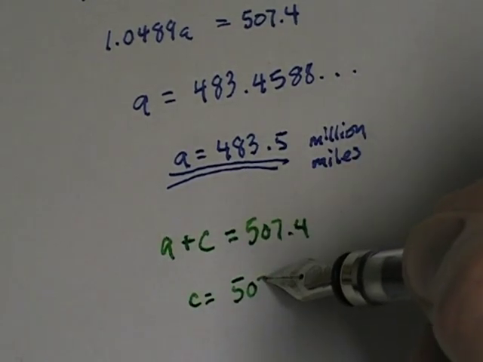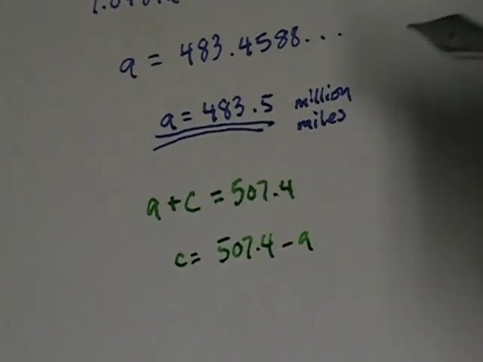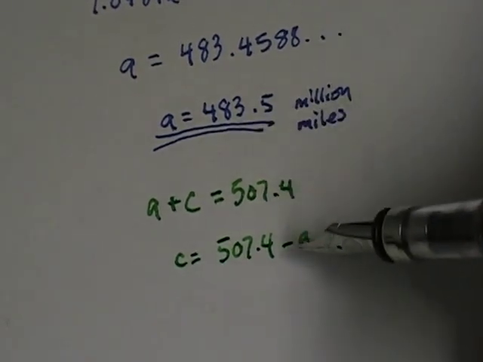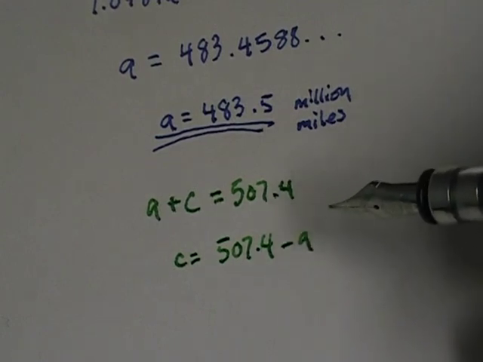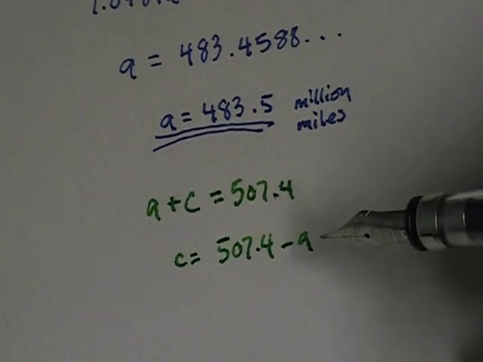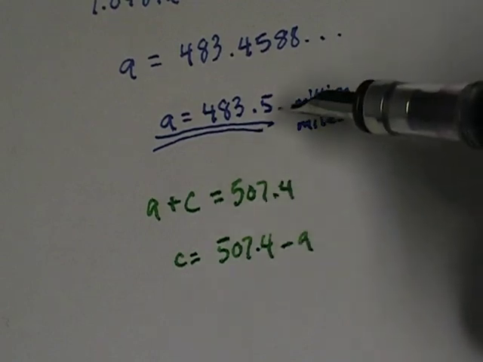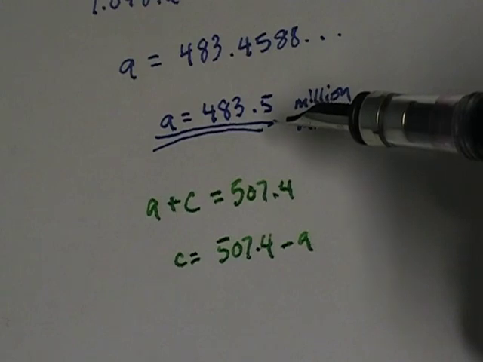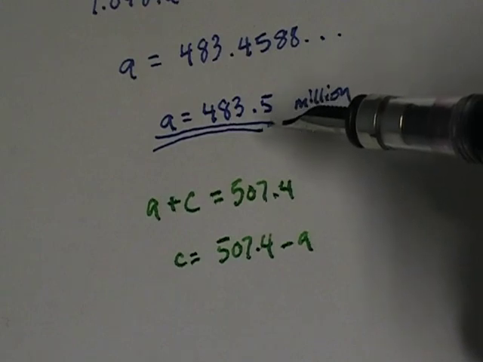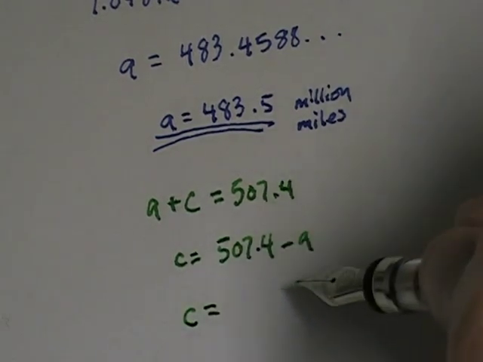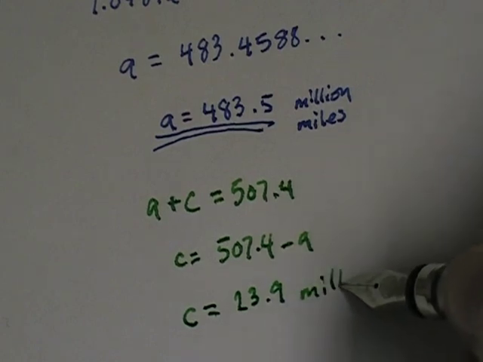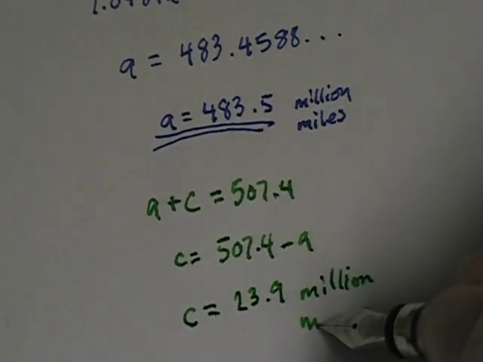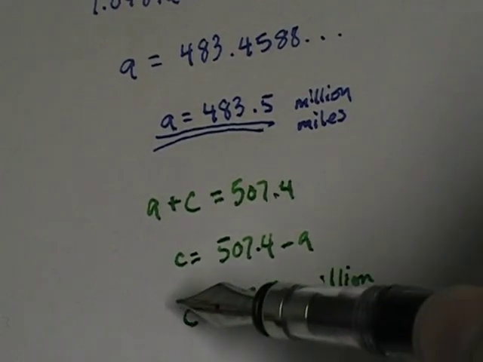C is 507.4 minus A. Put that number in for A. And we get 507.4 minus 483.5. And C equals 23.9 million miles. Okay, cool.